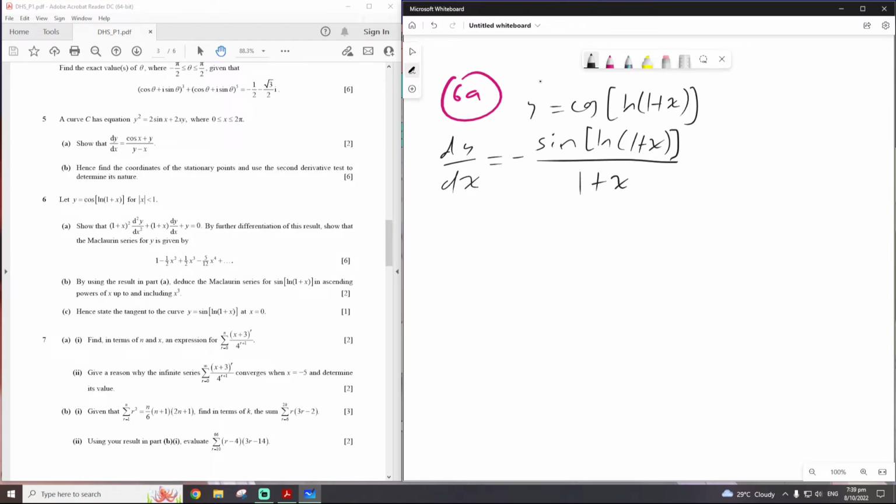Alright? And to make this a bit easier, we're going to put the 1 + x on the side. So (1 + x) dy/dx is negative sin(ln(1 + x)). Okay, now we can differentiate implicitly.